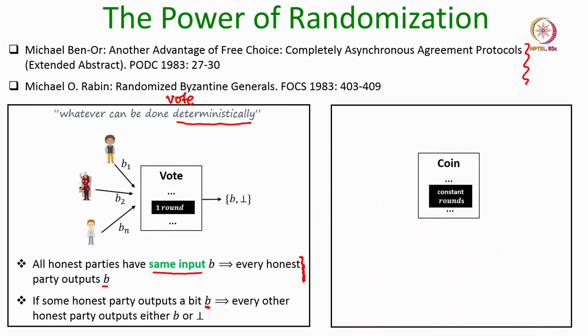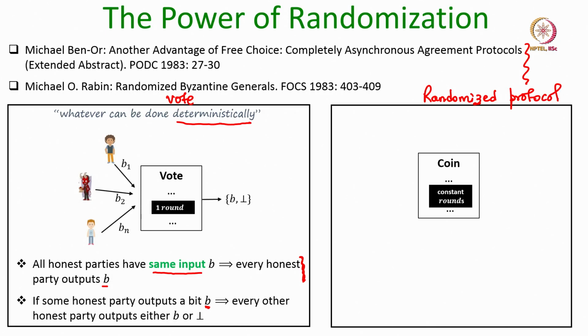And the second gadget which is used in the framework is a randomized protocol. And this is called the coin primitive.